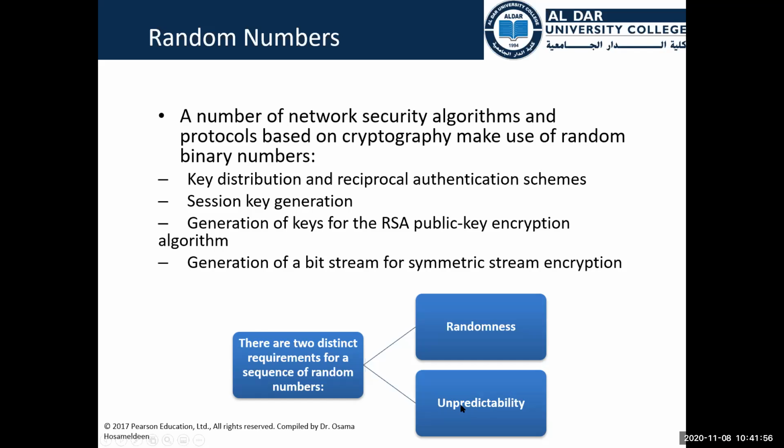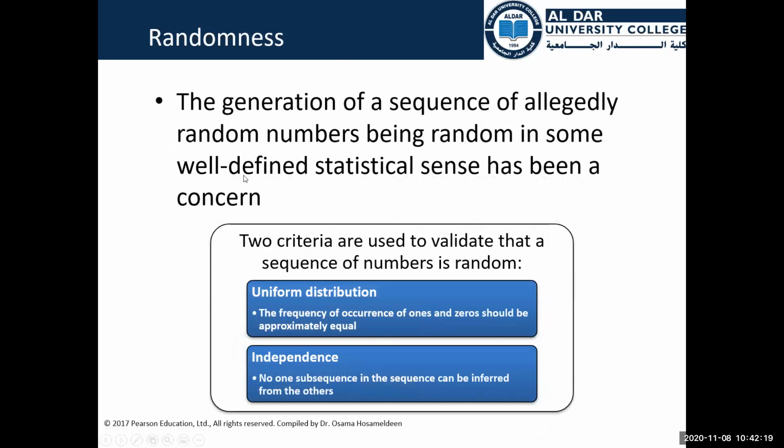And vice versa, if I have a bit stream, I cannot predict the previous bits. So I cannot predict forward or backward. Those properties define the requirements for a random number: randomness and unpredictability. Of course, we are going to talk about these in more detail.